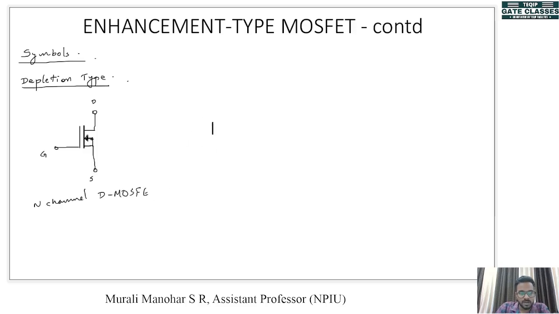The symbol for P channel MOSFET will look like this, and the arrow will be going out. So this is P channel D MOSFET.